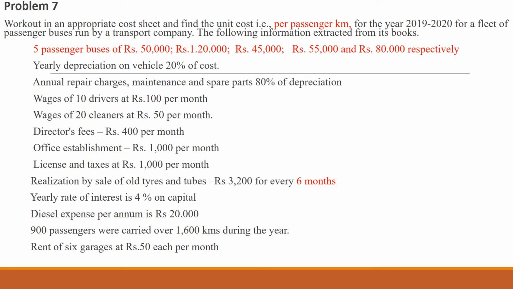So per annum, 2 times it gets 3,200, so annually it gets 6,400 by selling the old tires and tubes. It is the income. Then interest on capital, diesel expenses, and the buses run a total of 1,600 kilometers carrying 900 passengers. So let me move on to the solution of the problem.